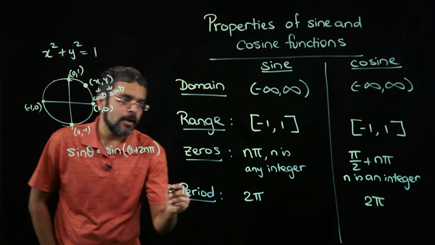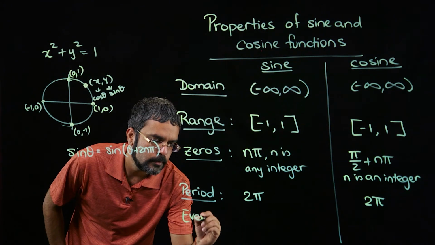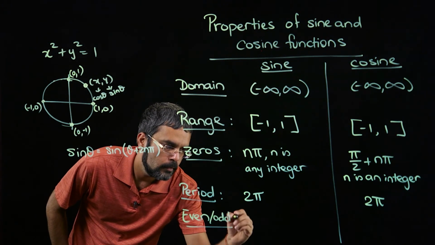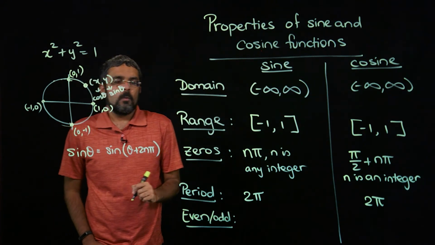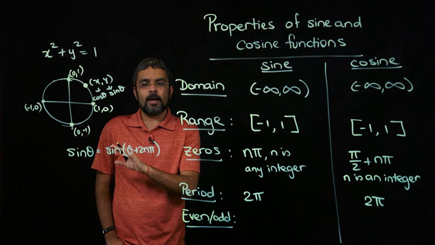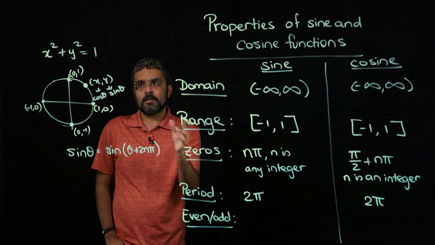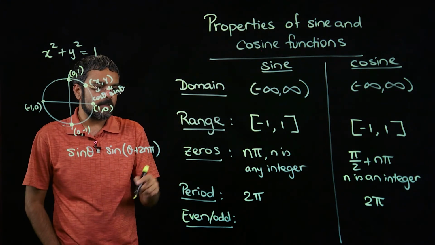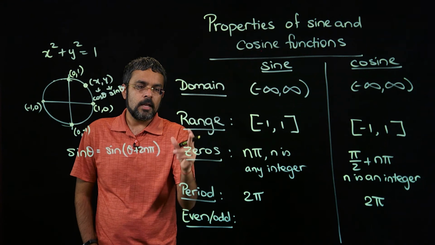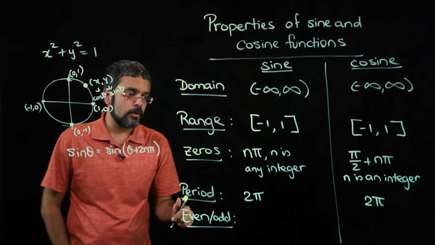All right, and finally, I want to figure out whether they're even or odd functions. If you remember, even functions are symmetric about the y-axis, and odd functions are symmetric about the origin. It so happens, and we'll see this in our next video when we look at the graphs of sine and cosine, that sine is an odd function, that is, it's symmetric about the origin.